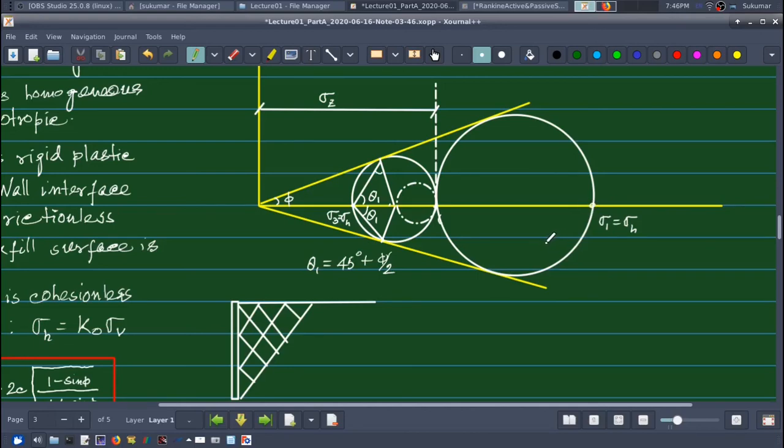Because this is my sigma z that is acting on a horizontal plane. So if I draw a horizontal line through this point, it will meet here. That means this is my pole. So my origin of planes is this point, therefore my angle of failure plane will be what? My angle of failure plane will be from this point of tangency to this pole. I'm very sorry.